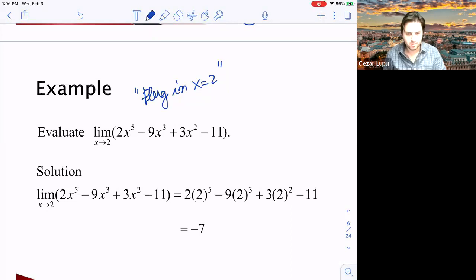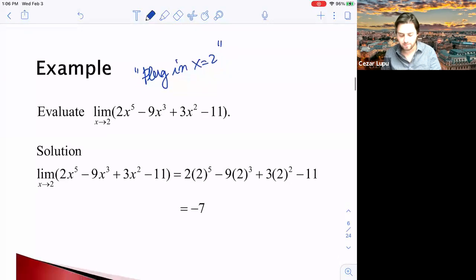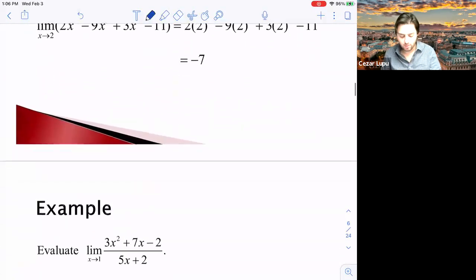Well, this is just a computation. So that's the secret to this problem. This was a fairly easy one. Now let's see another one. Think about this. What would you do here?